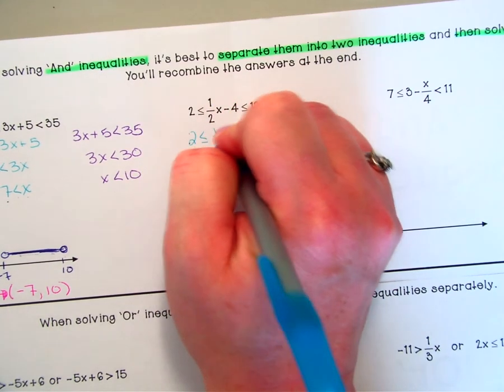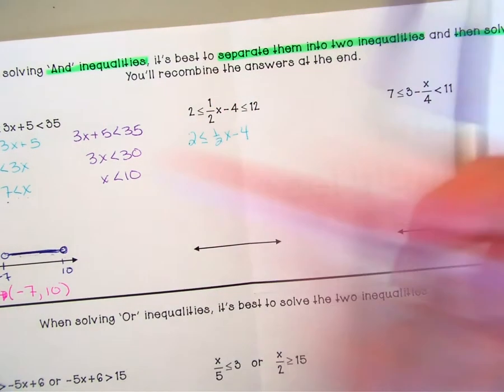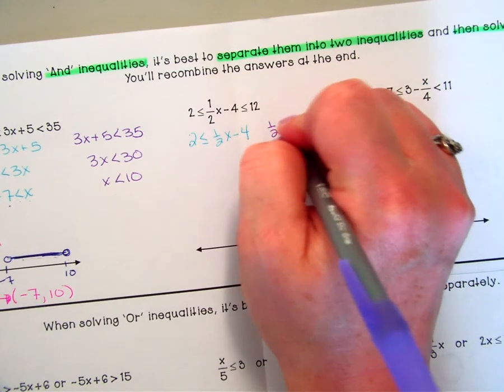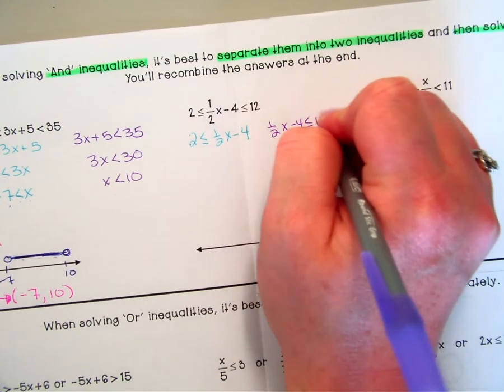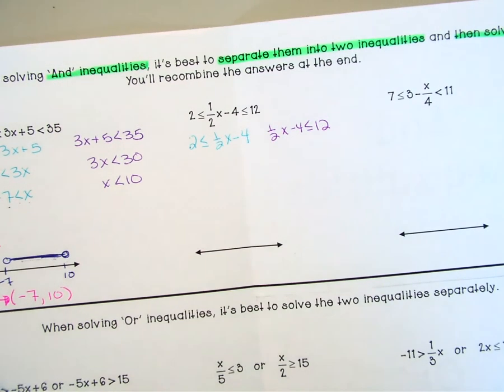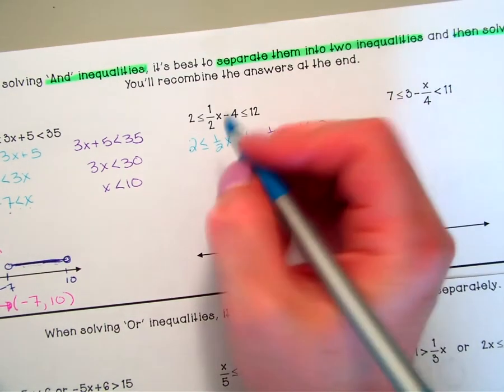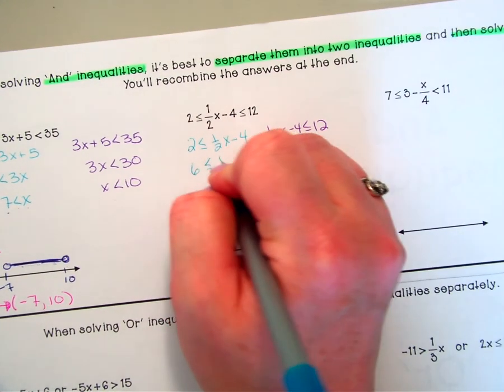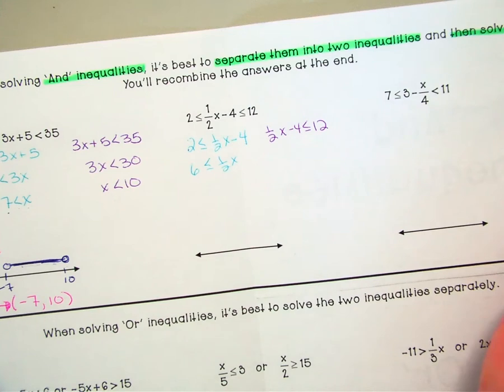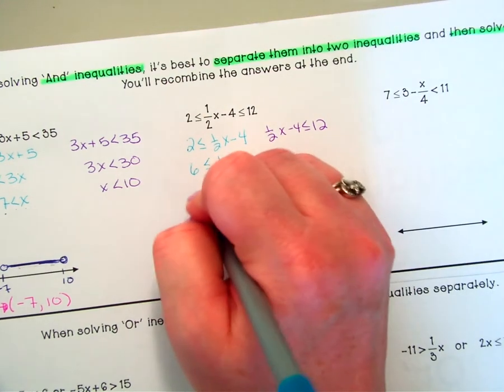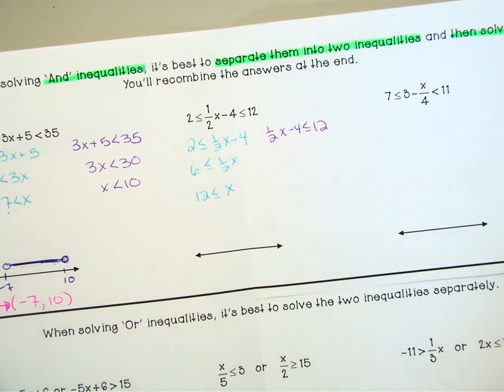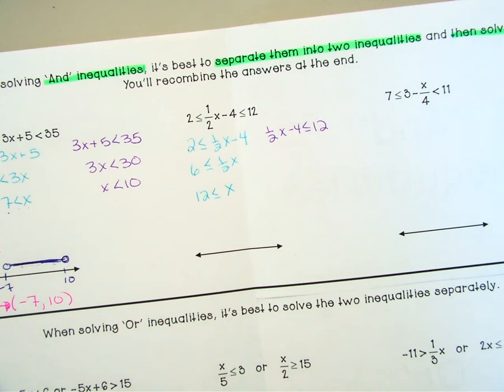So again, I'm going to set up my two inequalities. I'm going to go ahead and solve the one on the left first. So I'm going to add 4. And then I'm going to multiply by 2 to get rid of my 1/2. And I get x is greater than or equal to 12.